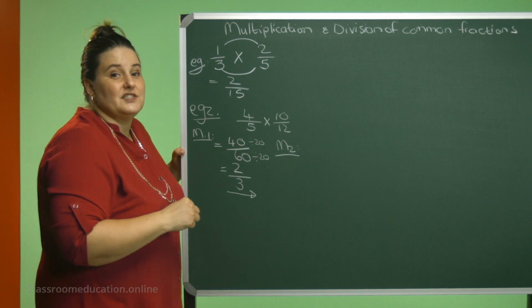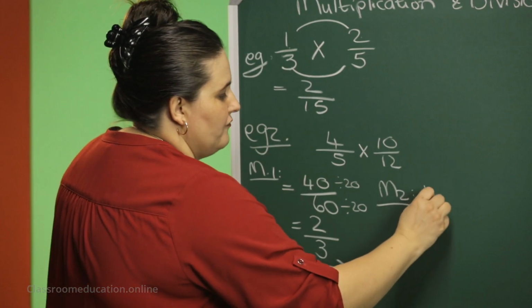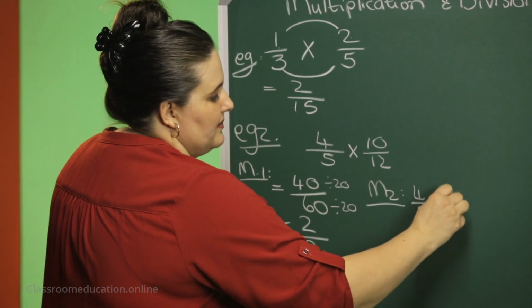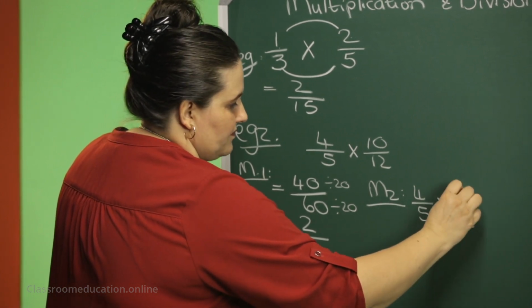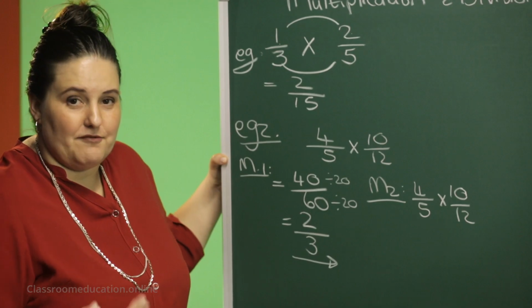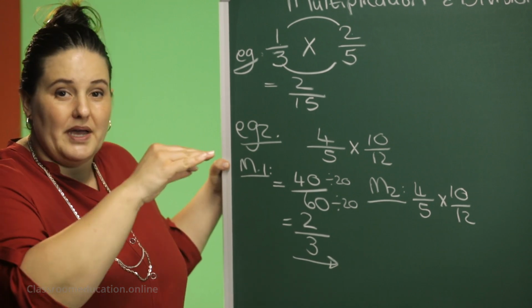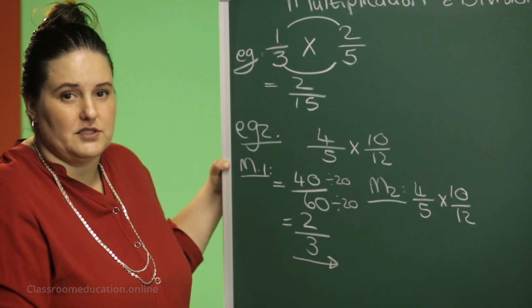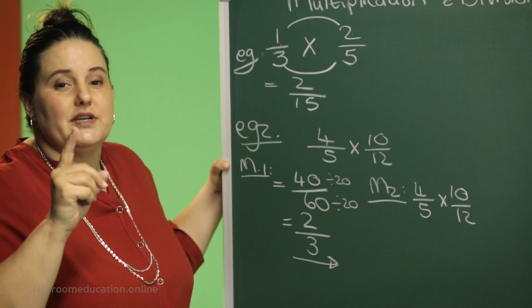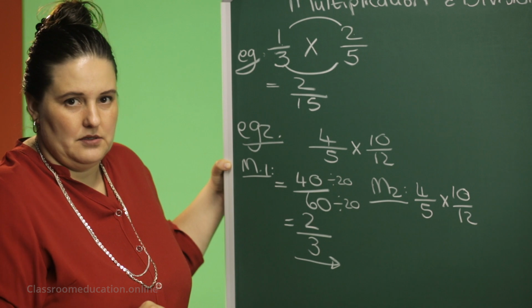Method 2. And you will see this is the most common one that you will actually use. I have now 4/5 times 10/12. Boys and girls, if you multiply fractions with one another, yes, we said multiply top by top and bottom by bottom. But what you can also do is cancel out.